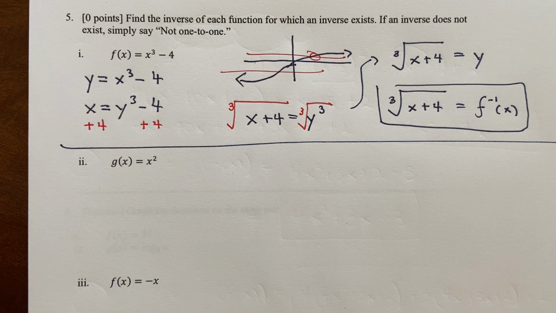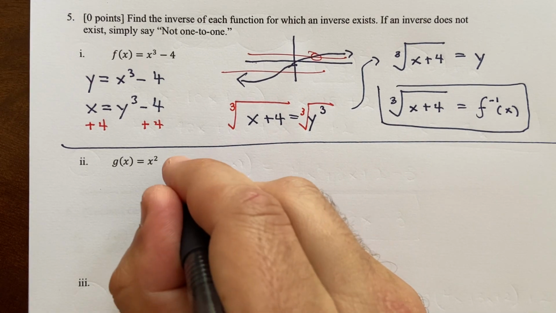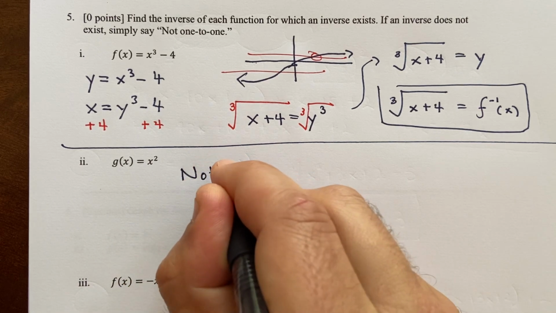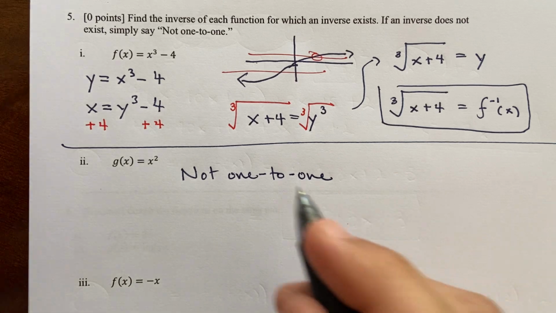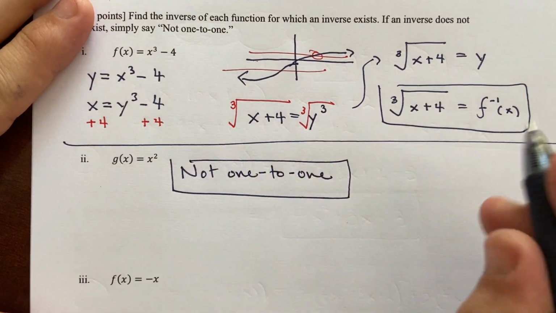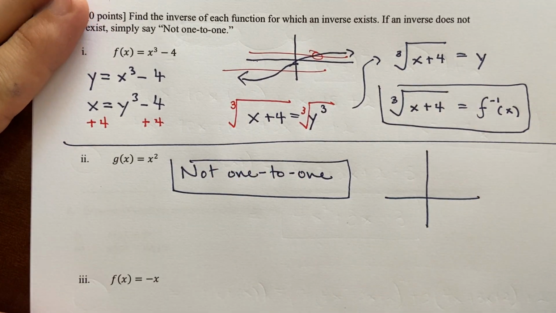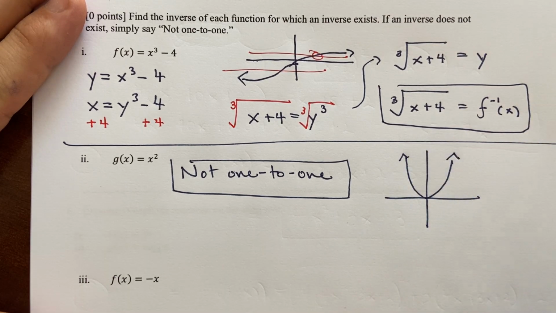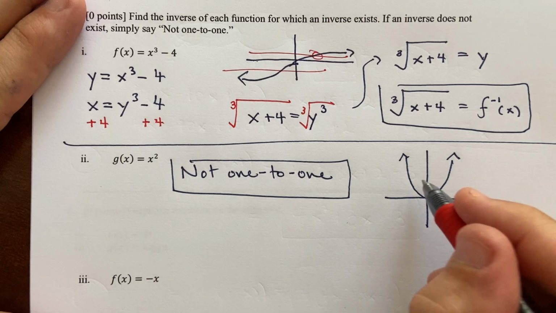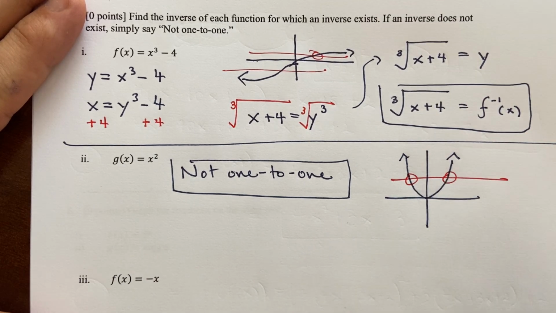Okay. The next one, not one-to-one. Right, that parabola, just this parabola with vertex 0, 0, opening up, this would not pass the horizontal line test.